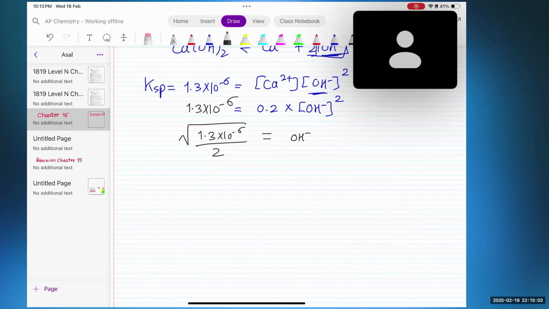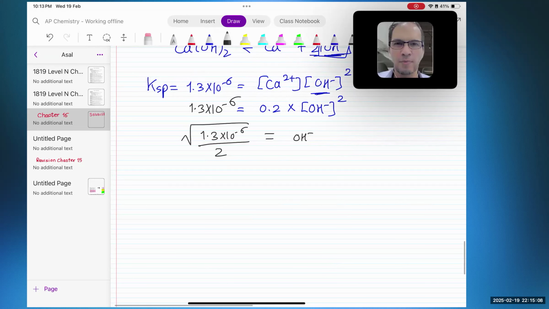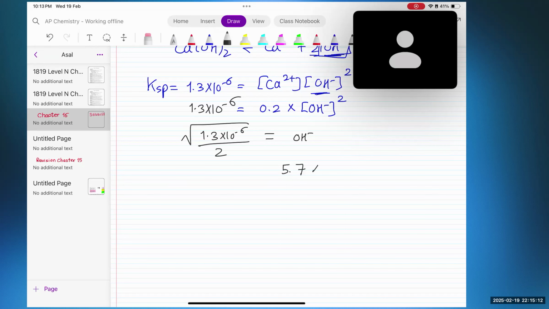I got 5.7 times 10 to the power of minus 4.